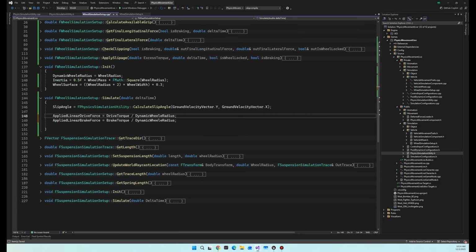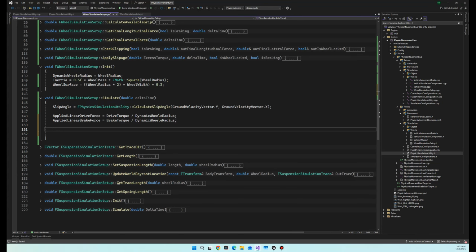So that is going to be the drive torque and the brake torque that's coming in as inputs, and we'll be doing that in the next video when we integrate all of this into our component. And then this is the dynamic wheel radius, which is our current wheel radius of the wheel. And so that's going to give us the linear braking and linear drive forces needed to move our vehicle along the x-axis.